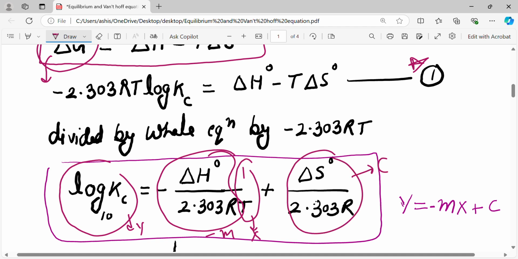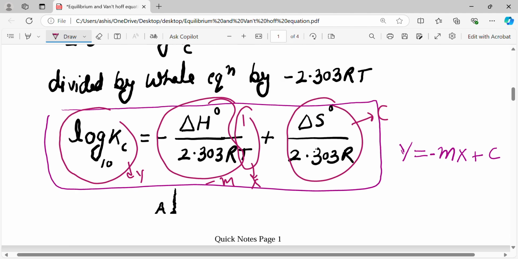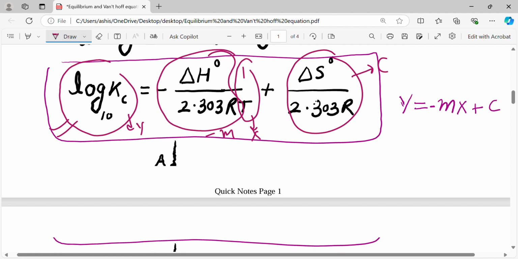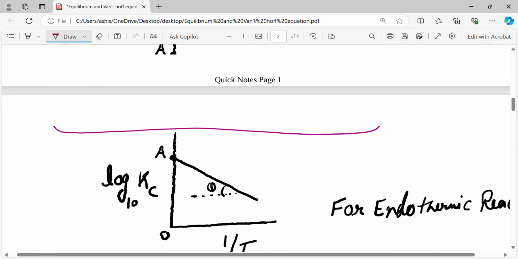So this equation resembles the straight line equation. When we plot a graph between log Kc and 1 by T, we will get a straight line with negative slope like this.